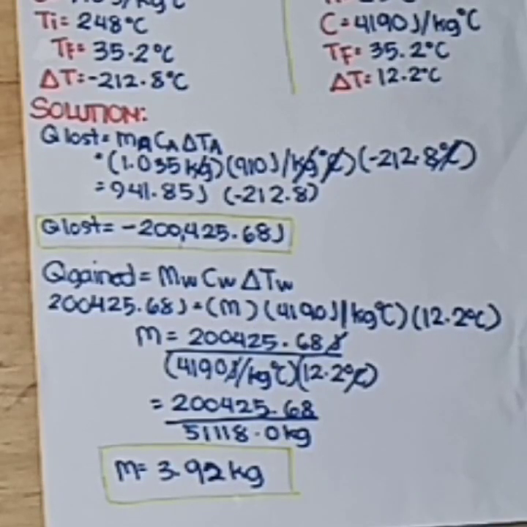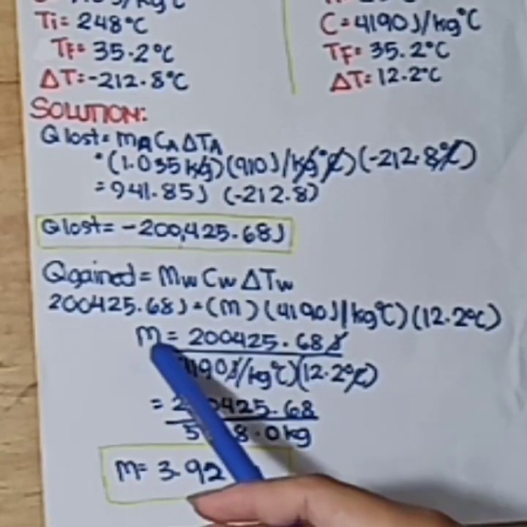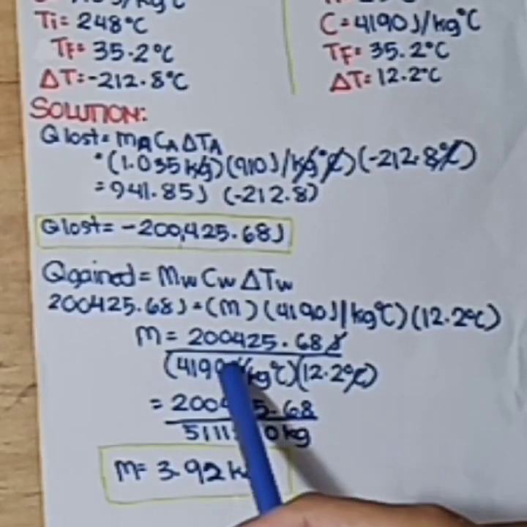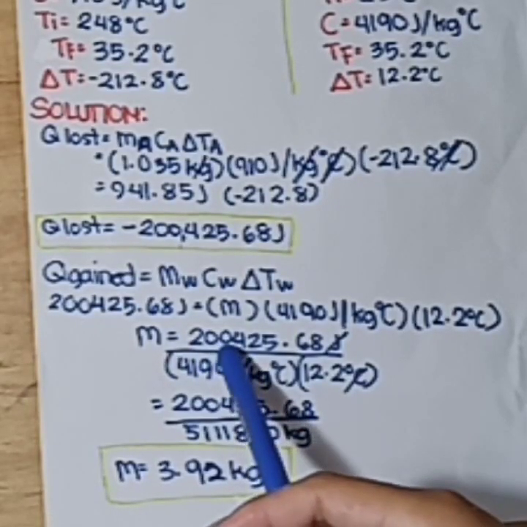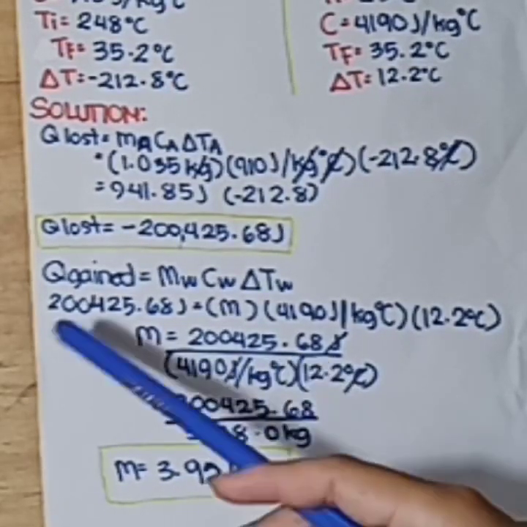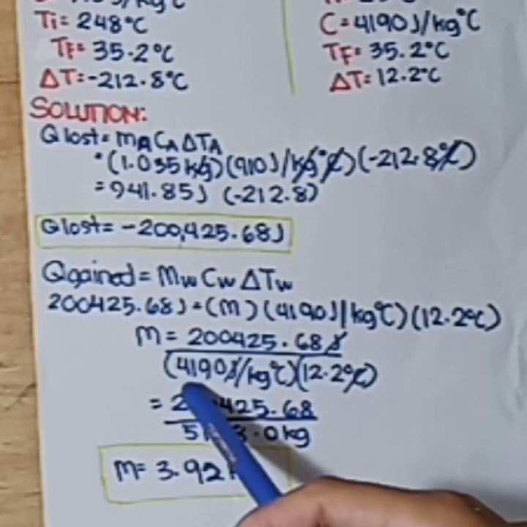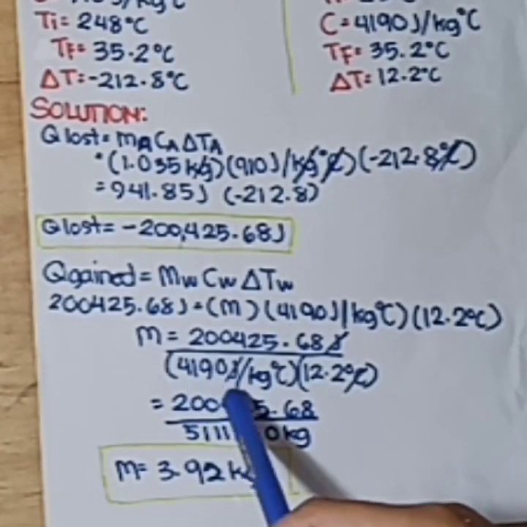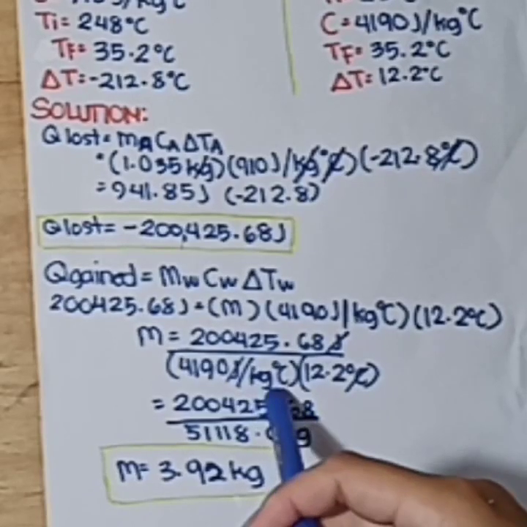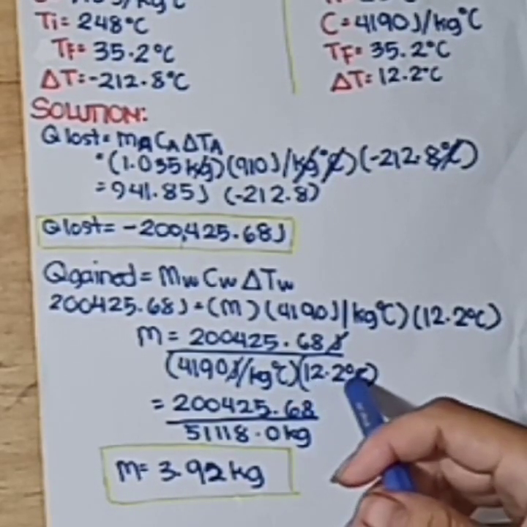So next, we're going to write here the mass is equal to 200,425.68 joules over 4,190 joules per kilogram degree Celsius times 12.20 degrees Celsius.